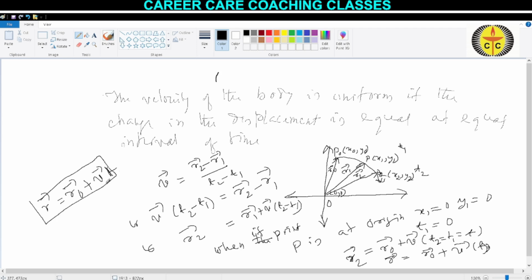This is the case when the particle is moving from origin.